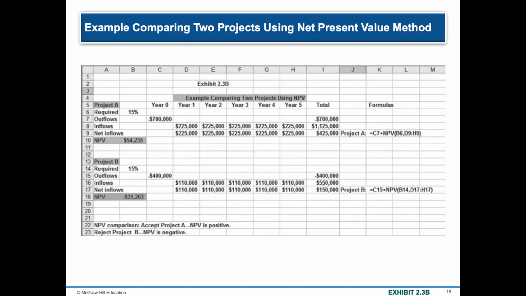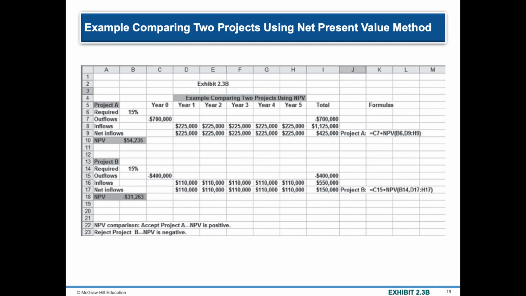But it is shown in the sense that you are given 5 years of cash inflows. So for Project A, during the year when you started the project, which is year 0, you are asked to shell out 700,000 pesos or $700,000.